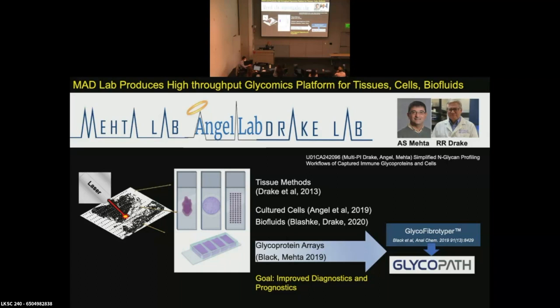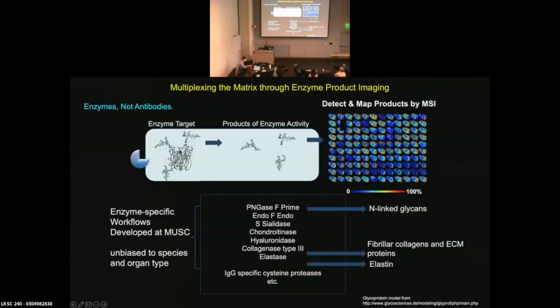If we had the right collaboration, we could collect some serum from a patient at the bedside and analyze that for monitoring. Going back to the concept of accessing the matrix through enzyme product imaging, we're using PNGase F Prime, collagenase type 3, and elastase.